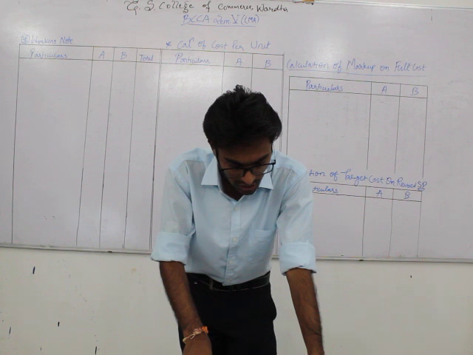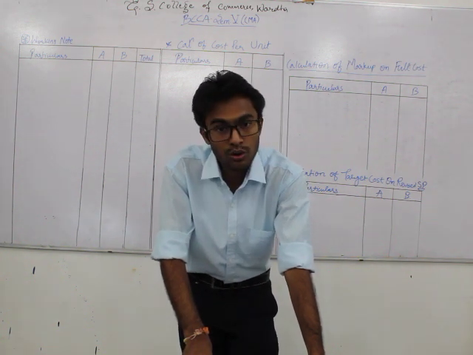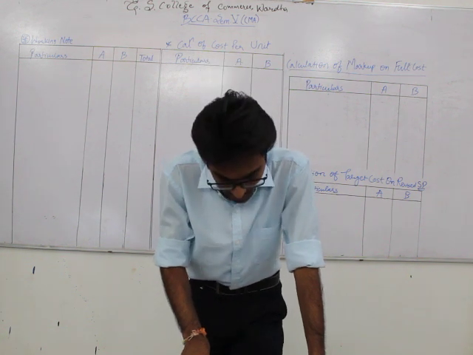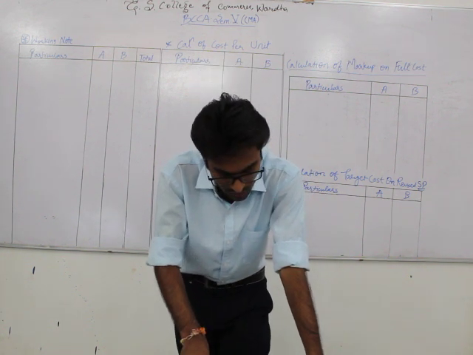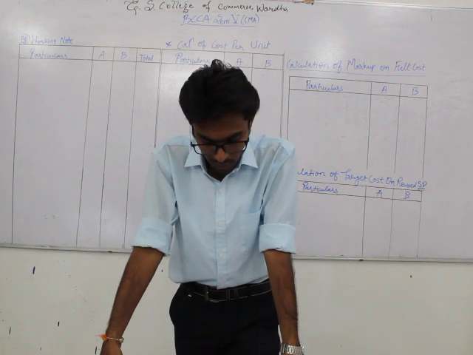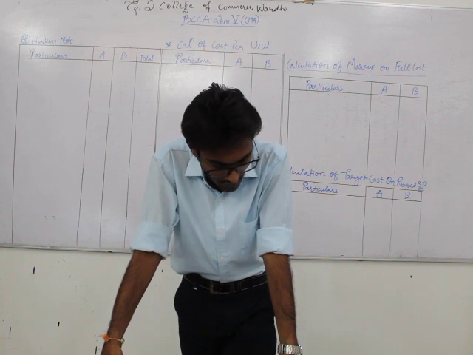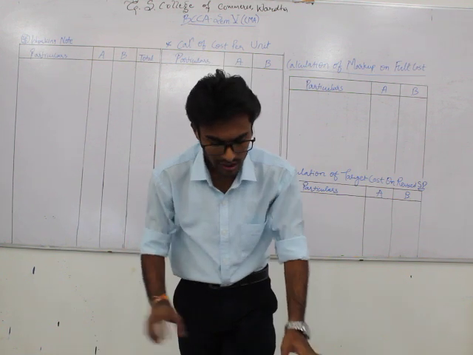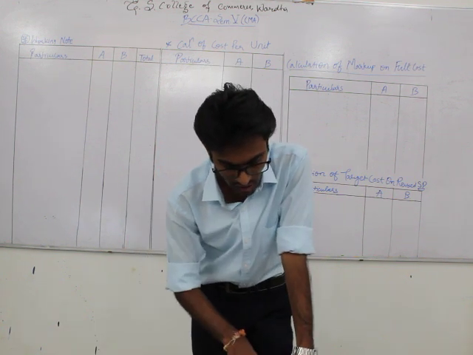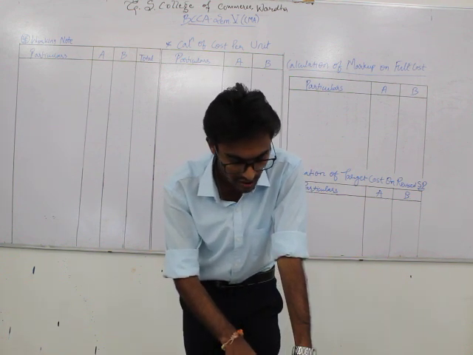The costs incurred are as under. What are the costs incurred for components A and B? The table has 4 columns: particulars, component A, component B, and the total. First is variable cost, and under variable cost we have two subheads: material and labor.